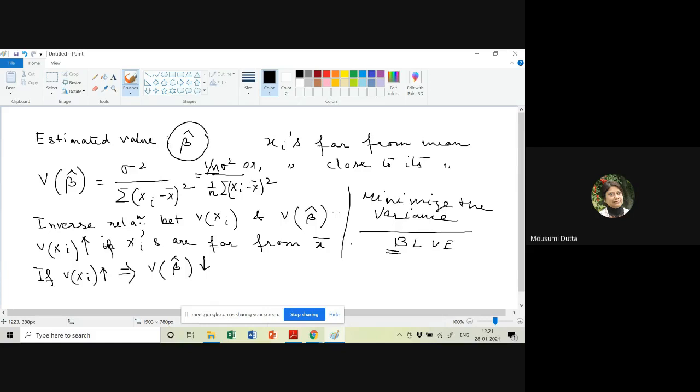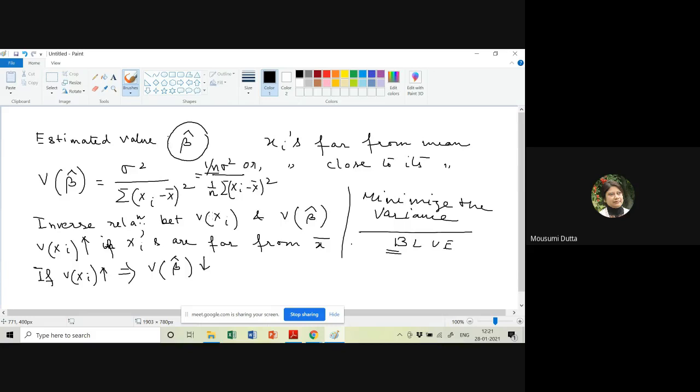So xi's which are far from their mean value will have more effect on beta hat. More effect on beta hat means it will reduce the variability of beta hat when we move from one sample to another. So the sampling fluctuations of beta hat will be reduced if the variance of beta hat is minimized.